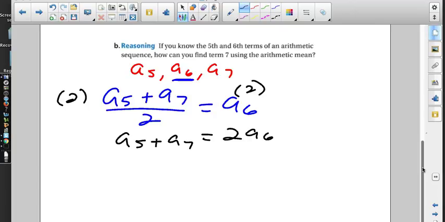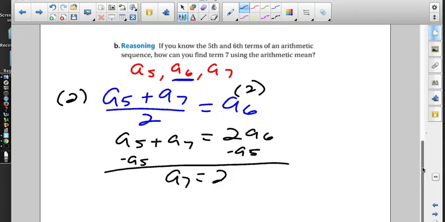Subtract which one away? Right, because we want the 7th term. Kind of a waste of time, right? Yes. I mean, if we have numbers, we're not going to sit and derive formulas every time before we do this because we're just supposed to add them and divide by 2.